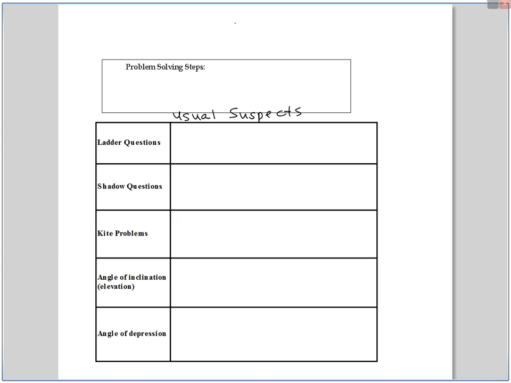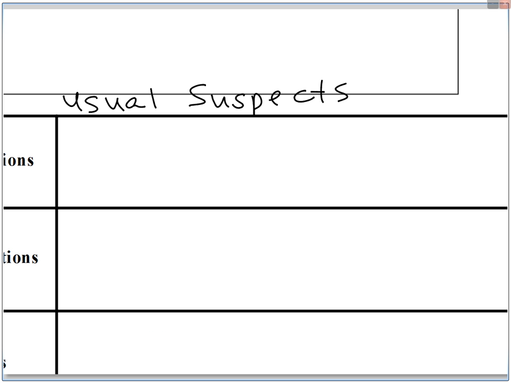Okay, the ladder question. When you lean a ladder against a wall, what does it look like? Looks like this, right? There's your ladder. So the ladder is the hypotenuse. And they will say, how high up? If they ask how high up, what are they looking for?